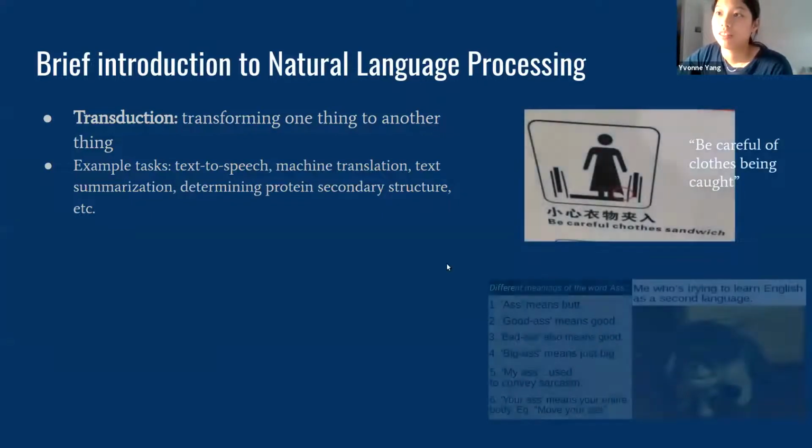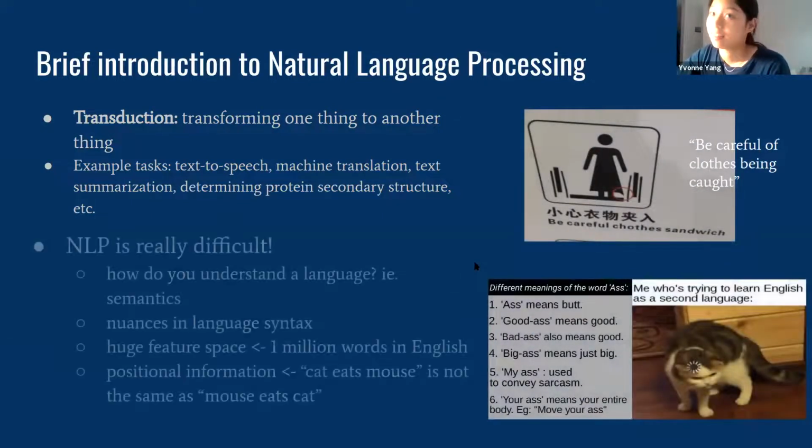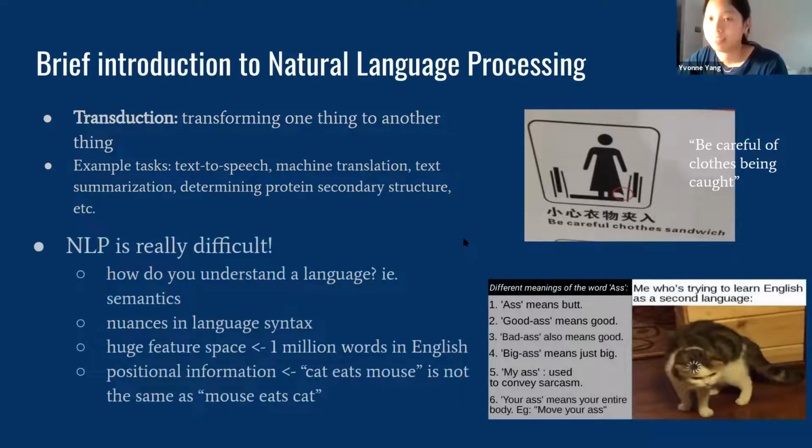So things to note here is that natural language processing is really, really difficult. And the reasons are that we don't really think about how nuanced and how hard it is to understand language. But when you really dig into it, you'll notice how, for example, English is a really irregular language with a lot of corner cases.